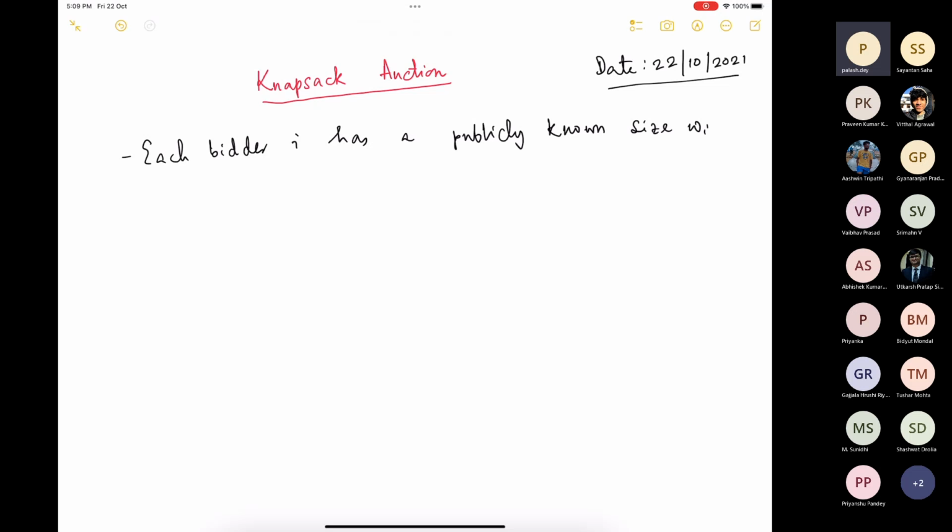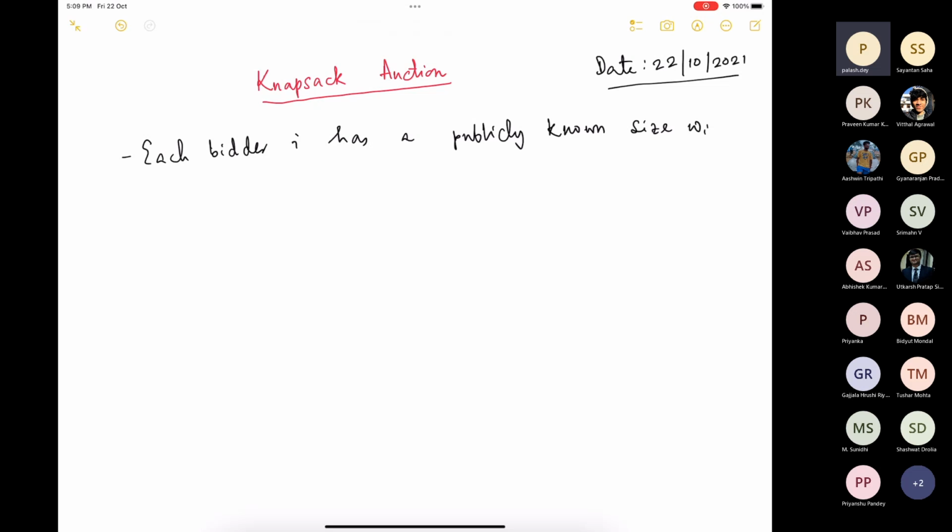So think of each bidder as a potential advertiser for an advertising slot of a popular TV show. In a popular TV show, suppose after 10 minutes there will be a 5 minute break, and we need to decide which ads will be shown in that 5 minutes. And each bidder is a potential advertiser who wants to show their ad.